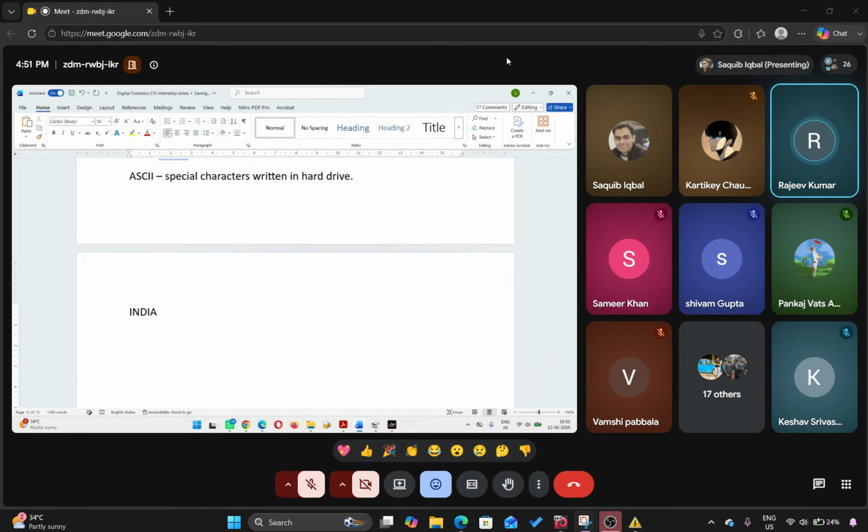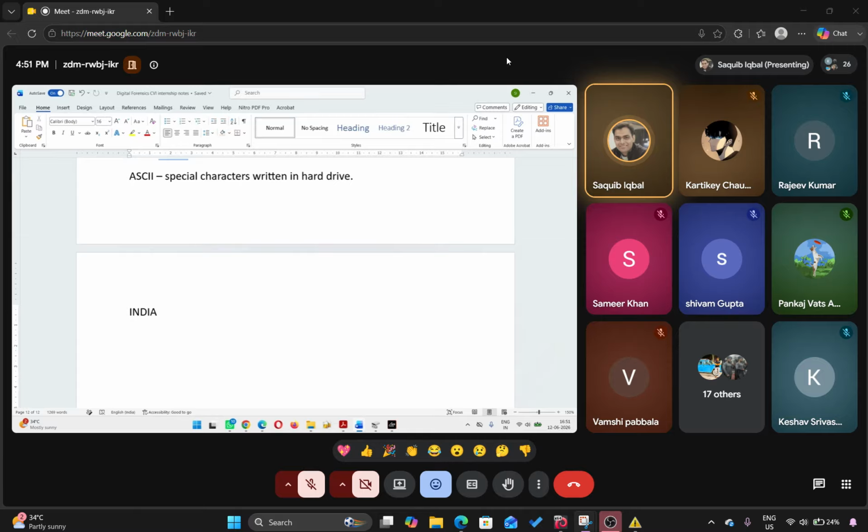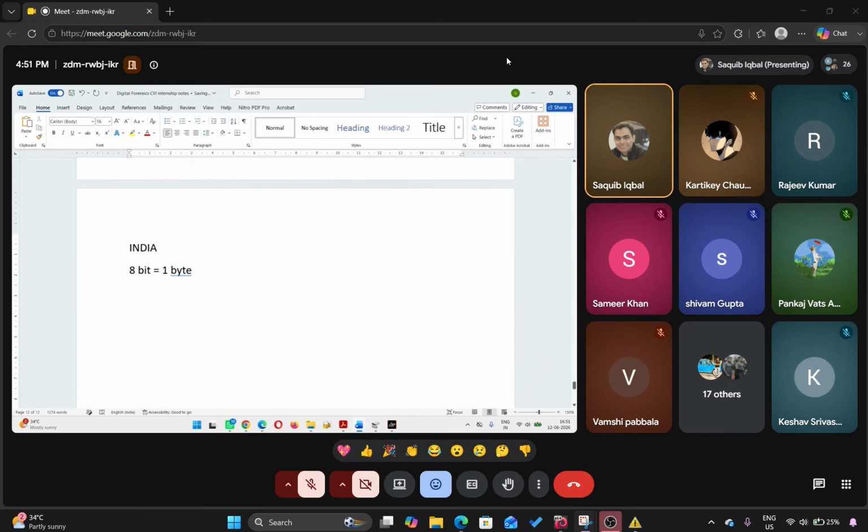बाइट साइज में बिट और बाइट में सेव होता है सर। A bit and byte is a representation of data. Let's say 8 bits is equal to 1 byte. Yes sir, 1 byte is equal to 8 bits.